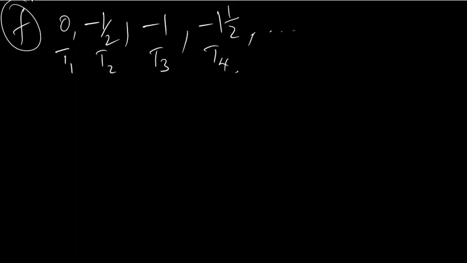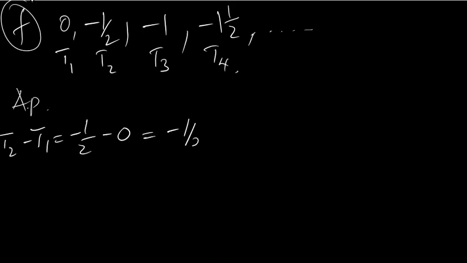Let's look at this sequence to know if it is an arithmetic progression. The second term minus the first term gives minus half minus 0, which is minus half. The third term minus the second term is minus 1 minus half.